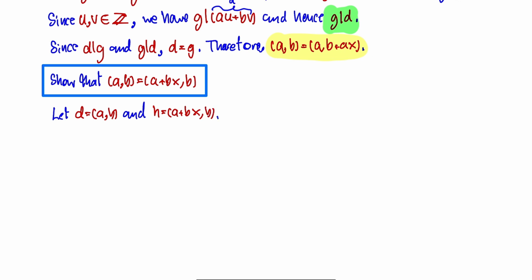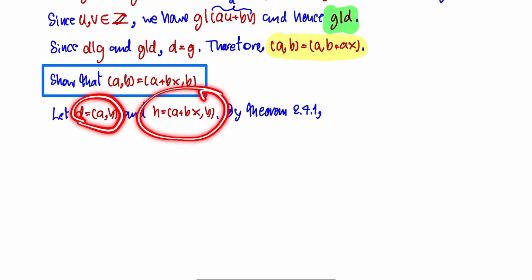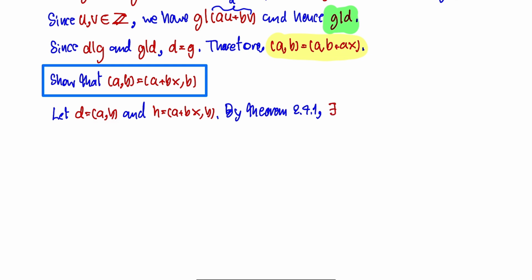And then by theorem, which is Theorem 2.4.1, if you have the greatest common divisor, it can be written as a sum of the numbers inside the greatest common divisor, right? So there exist, let's use s, t, j, and k. Okay?